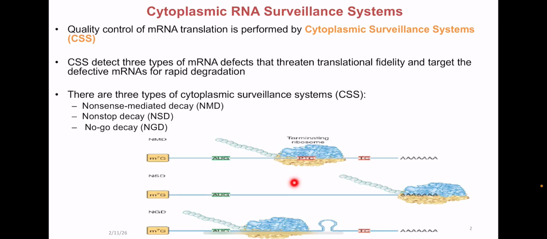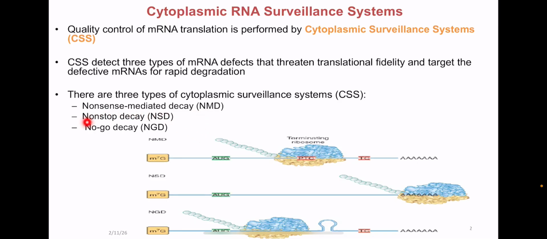So you are causing a nonsense mutation. You are prematurely terminating transcription, and that mRNA won't make sense because whatever is supposed to read it knows that it has to continue to some place, but there's no way I'm supposed to stop. That's why we call it nonsense-mediated decay. So all mRNAs that are prematurely terminated are detected by the nonsense-mediated decay.